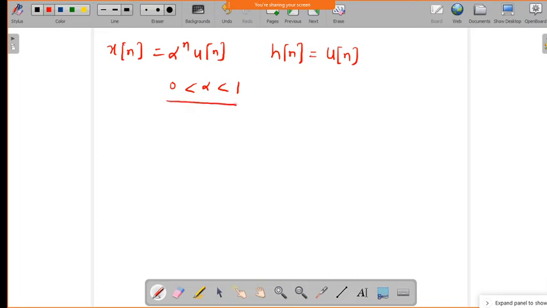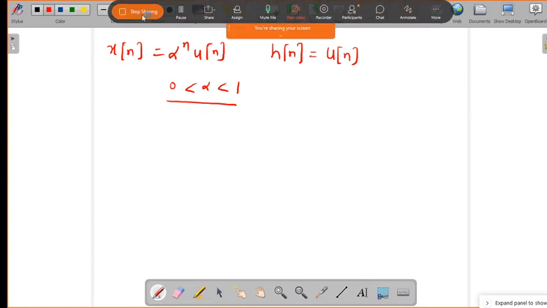Here the k index is very important, from where to where it is varying. You have to be very careful while taking the summation, where k varies and the samples will be multiplied. So do it and tell me what is the answer.